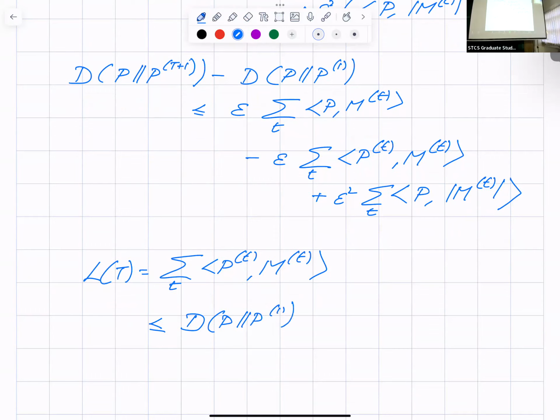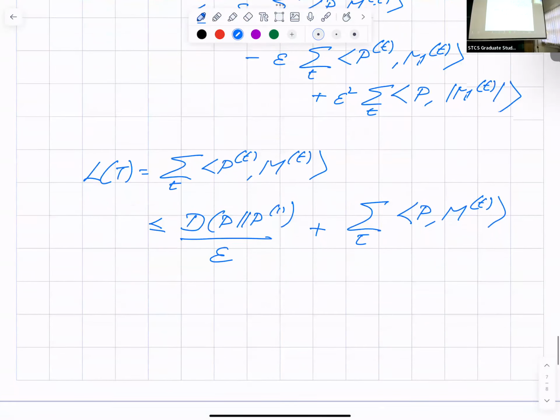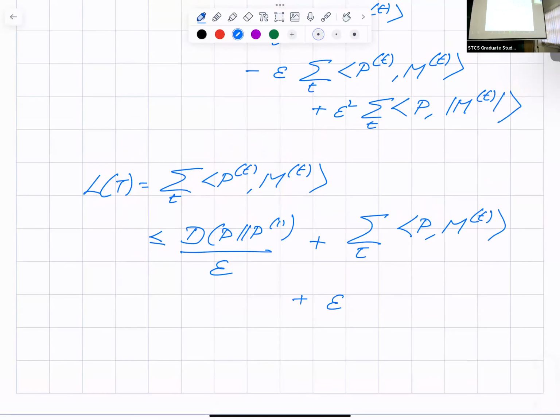D of P P1 by epsilon plus summation over T PMT plus epsilon summation.